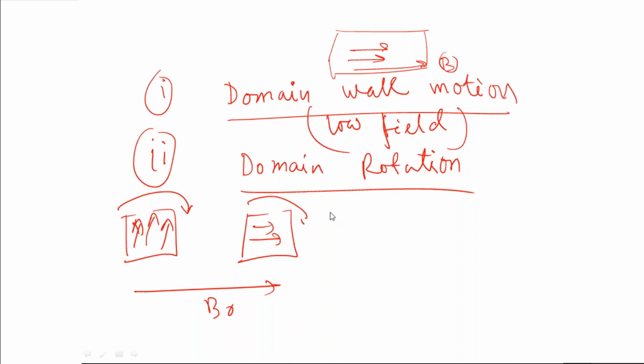So this is about ferromagnetic material, the origin of magnetization in it, and how a ferromagnetic material becomes a magnet when you apply an external field.